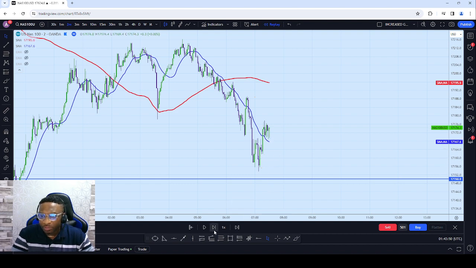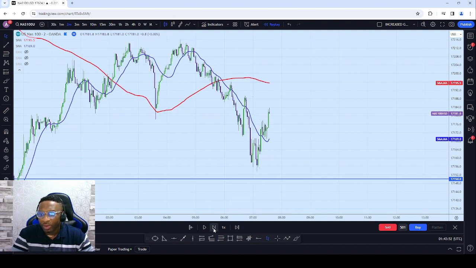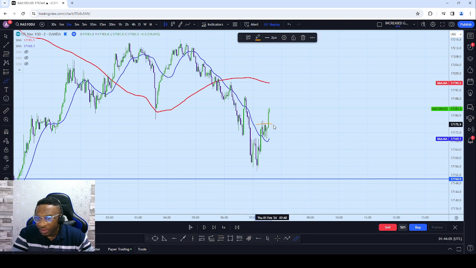So let me just play it forward. On this particular candle, before you do that, you can even just mark the highs of this candle.